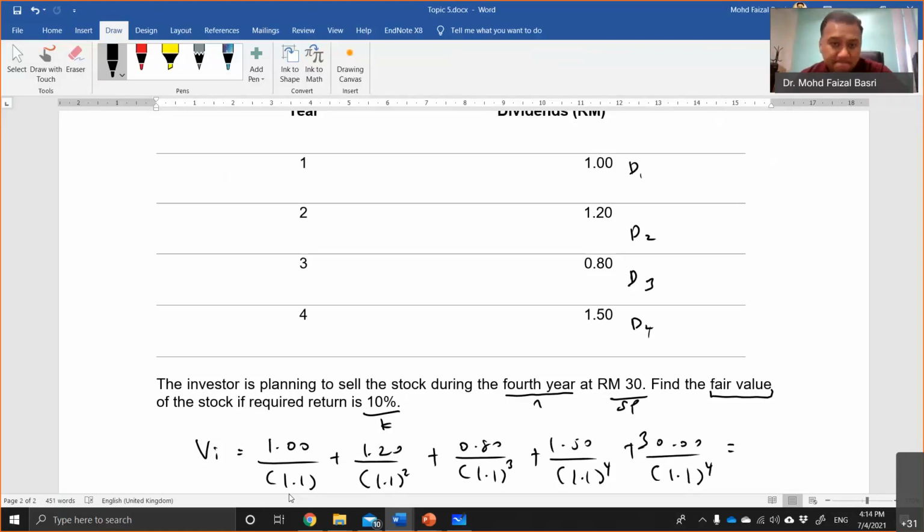So what is it? $24.02. Yeah, makes sense. 24 point what? 0.02. Anybody got a different answer?